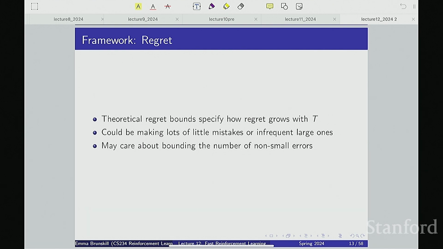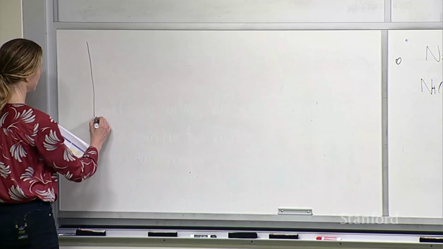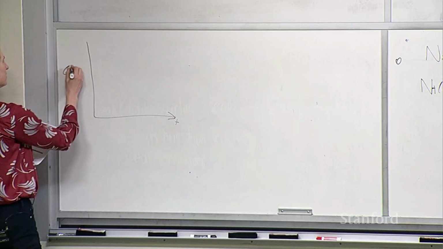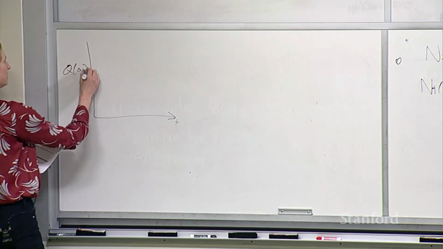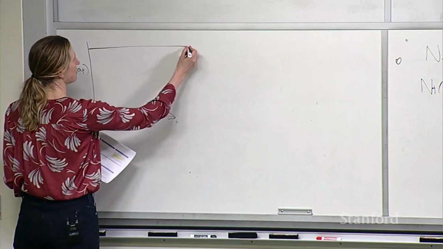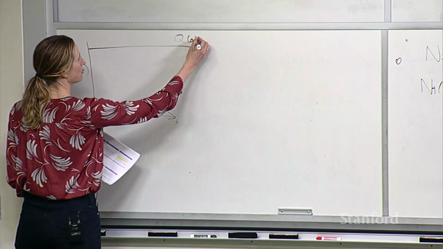Okay, so let's draw what that'll look like. I think I drew this last time, but I'll draw it again. So I make this time step T, and this is Q of A_t, Q of the actual arm that you pulled, and this is Q of A star.